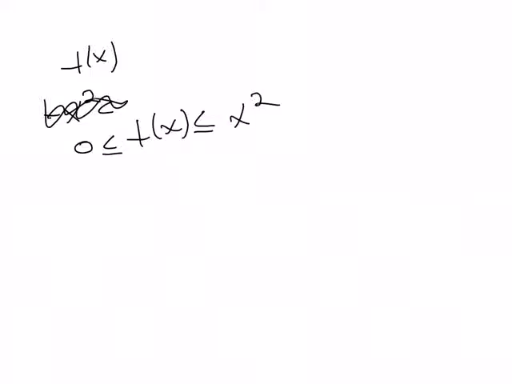Because f of x is at most x squared on the rational numbers, and everywhere else, at the irrational numbers, it's 0. So it's basically something like this, with a bunch of zeros over here. So we can just squeeze it with x squared and 0.